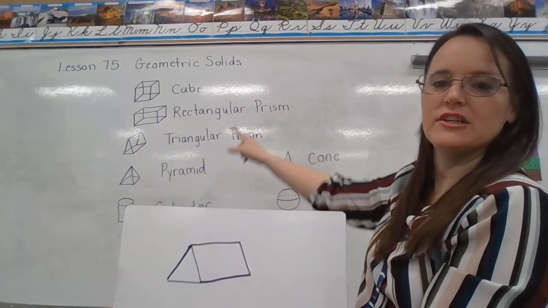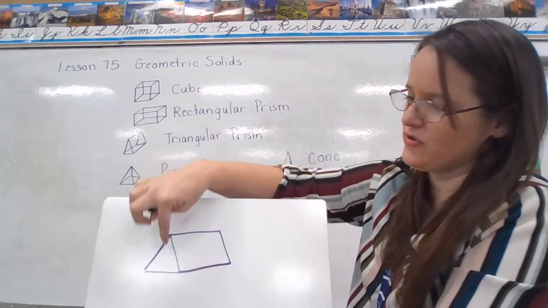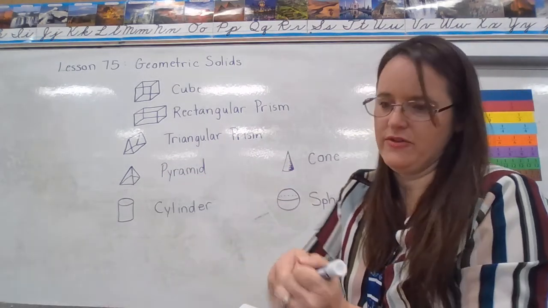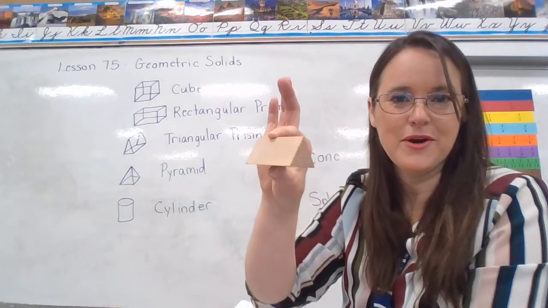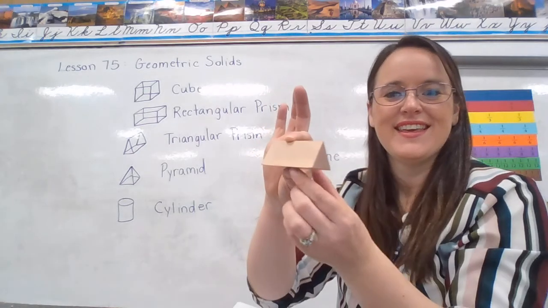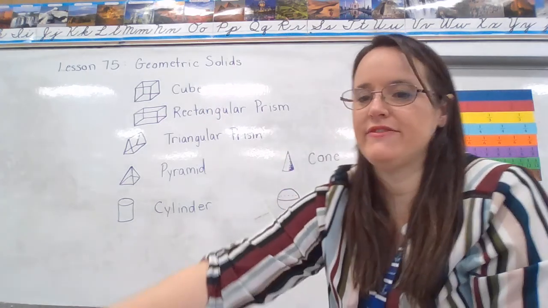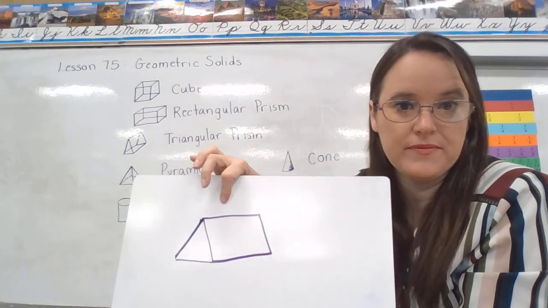So you have to look at all of your shapes and you would go, I see the triangle and then it's connected with a rectangle there. That looks like a tent, doesn't it? What was this called? This is a triangular prism. So you would have to identify that from the picture, okay?